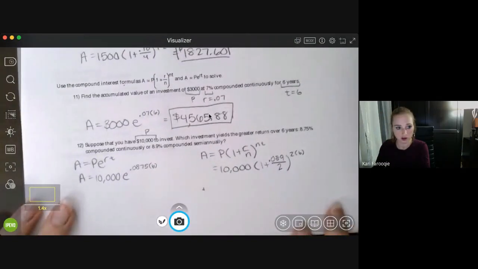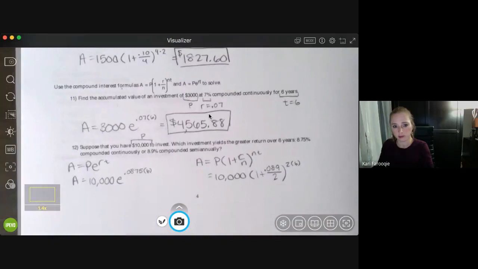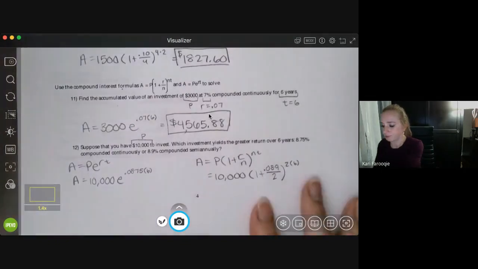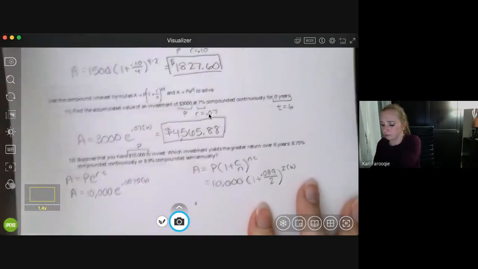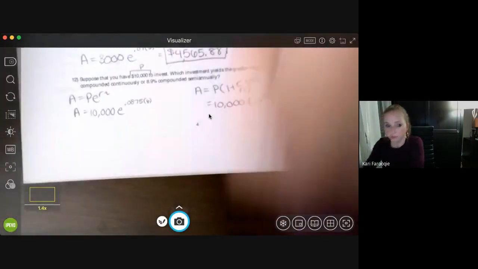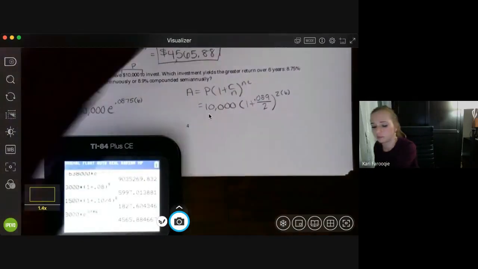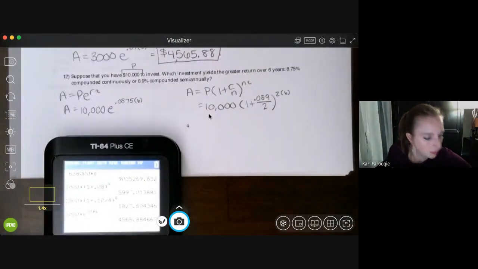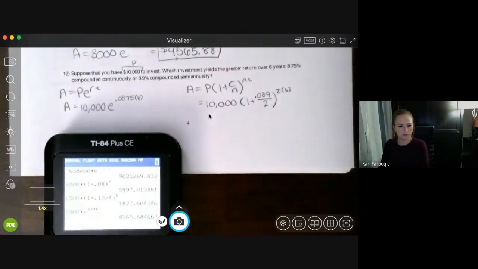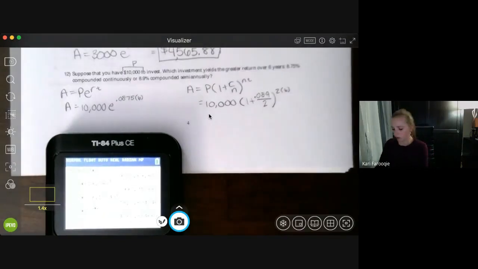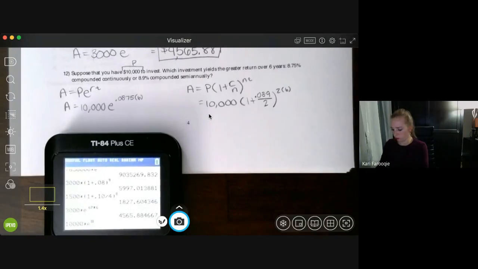And then you'll put these in your calculator and see which one yields the greater return. So the first one is 10,000, don't forget all your zeros, times e to the 0.0875, don't forget all your zeros there, times 6.